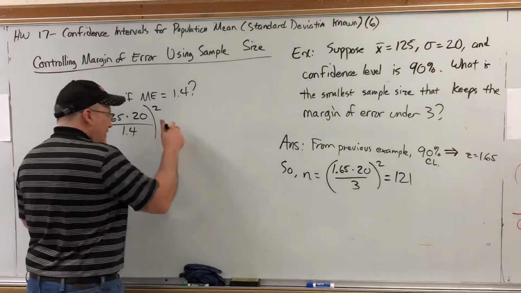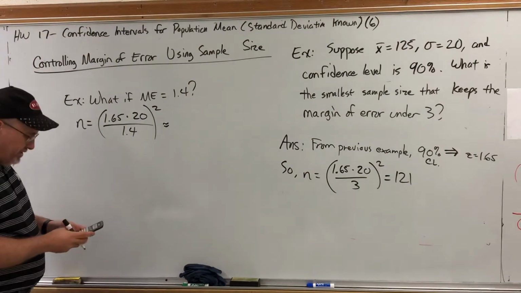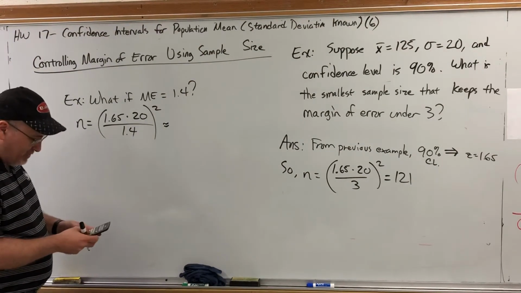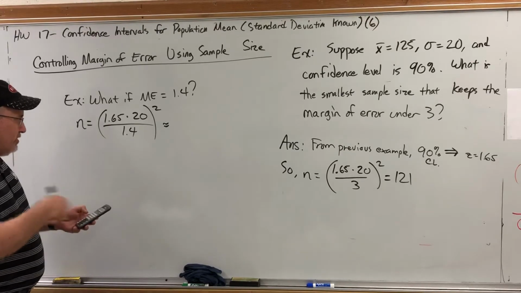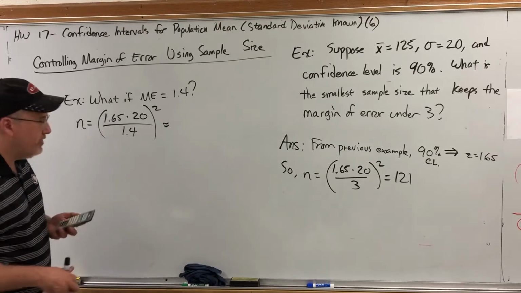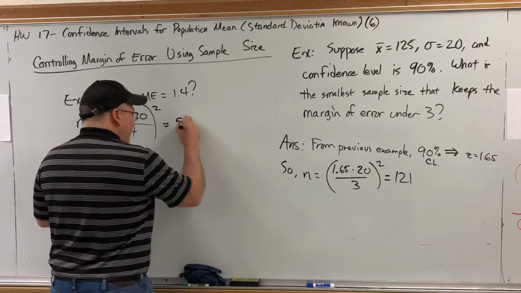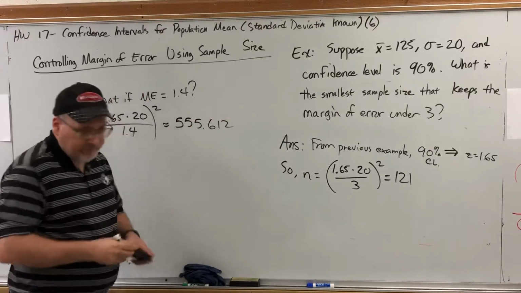This should not come out to be a whole number. I'm really kind of surprised that the first one did. That hardly ever happens. So multiply, divide, press equals, and then square. You have to press equals because of the order of operations. This is about 555.612.